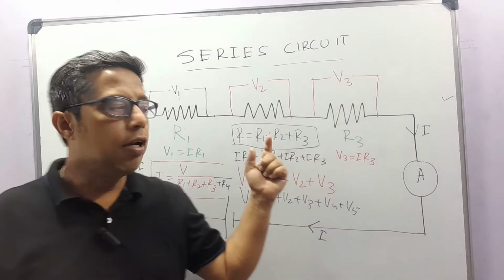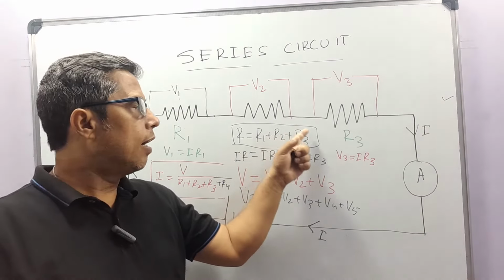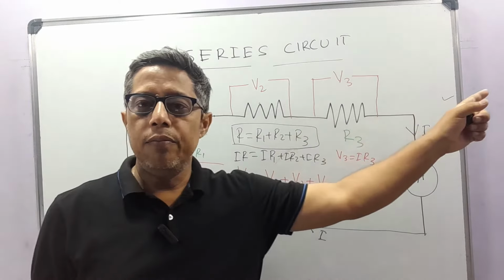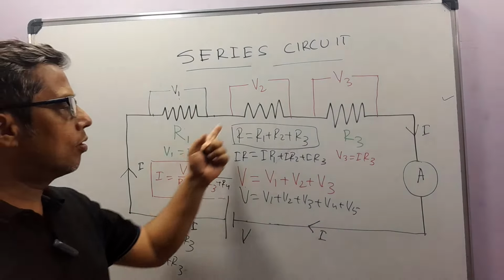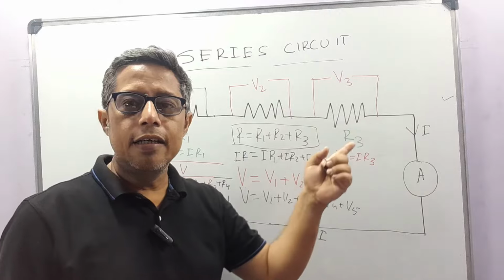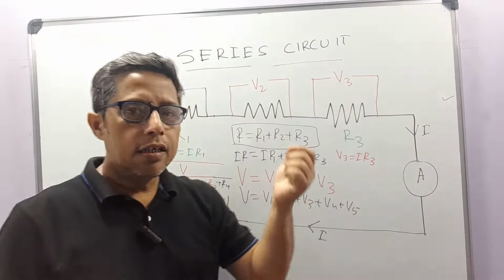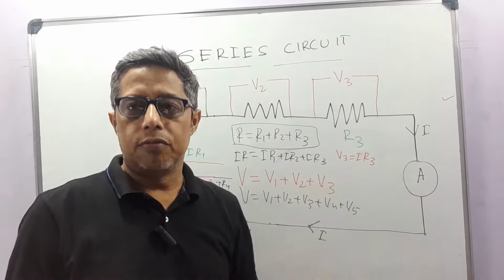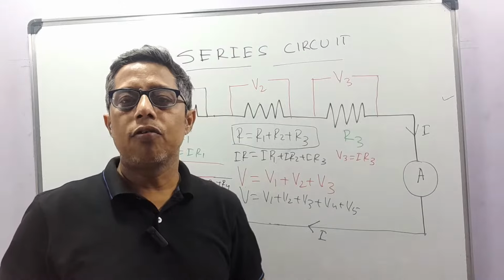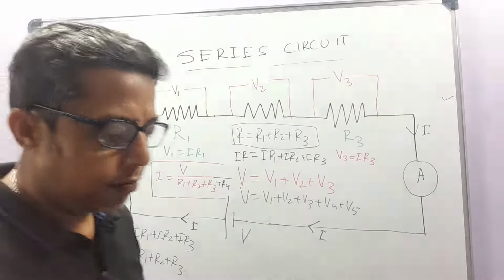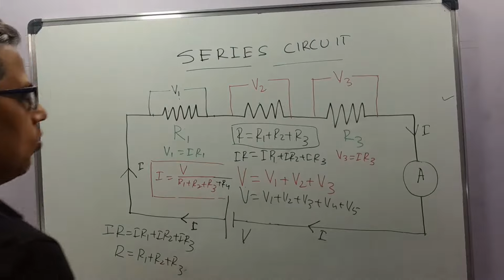Now if you add more resistance, you can add R4, R5, n number of resistances. The more resistance you add in series, the more your main current will be reduced. This is very important for solving numericals.